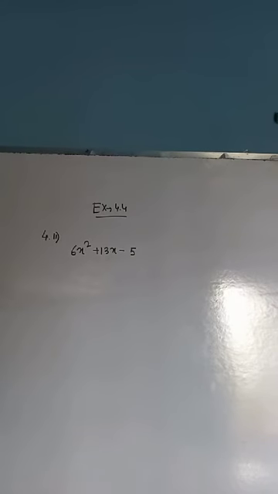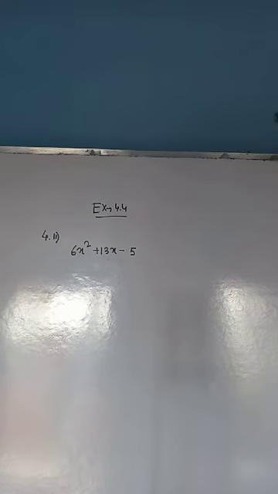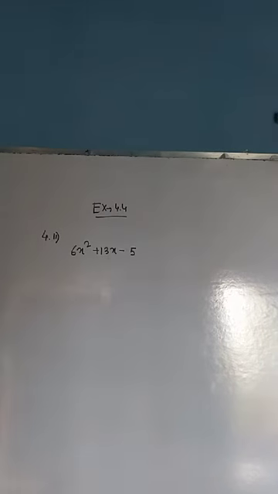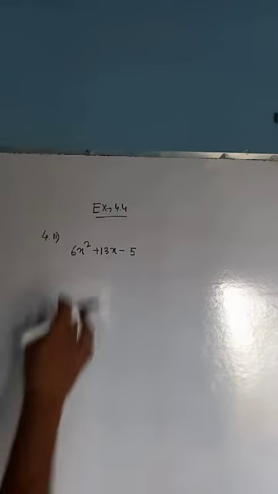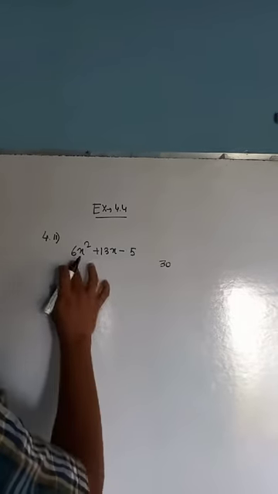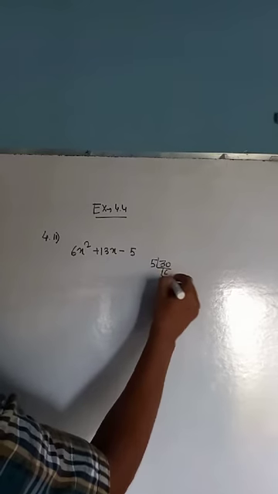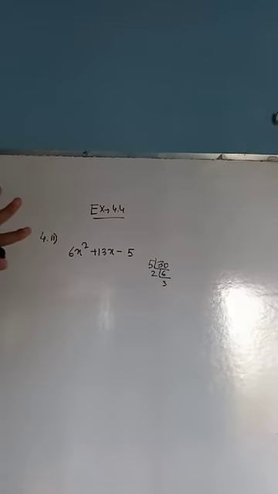Now think how you can do this. 6 into 5 is 30. 30 is 5 into 6, 2 into 3; make the prime factors.